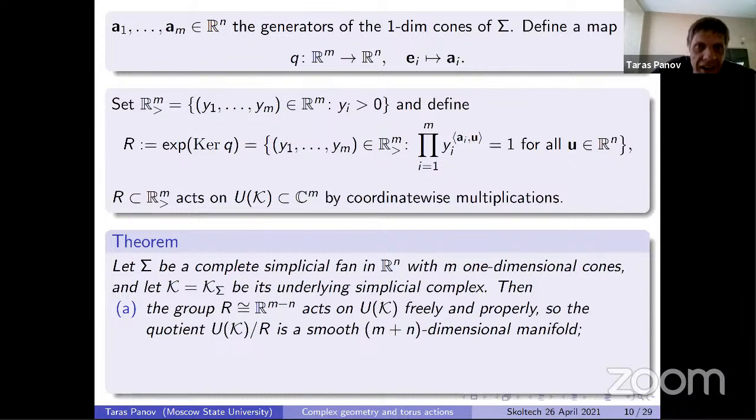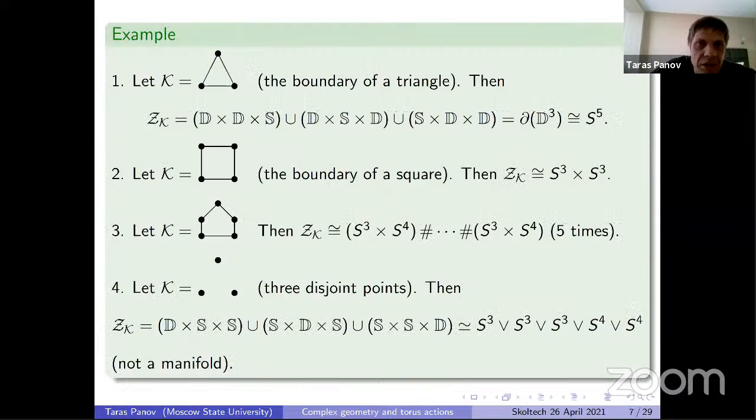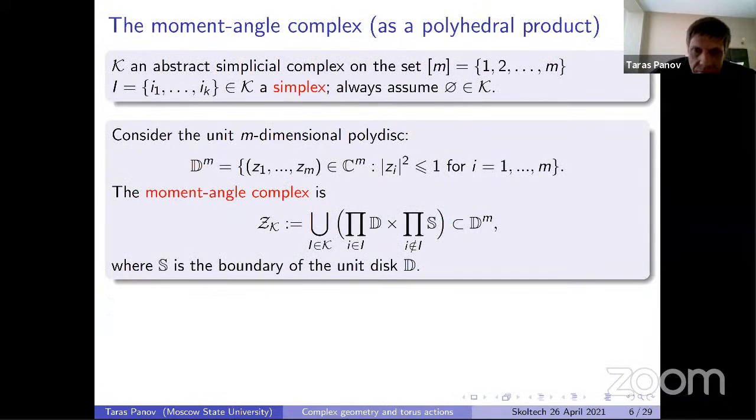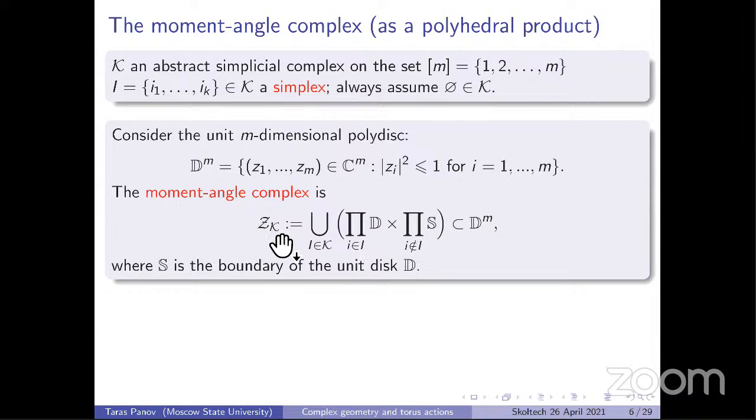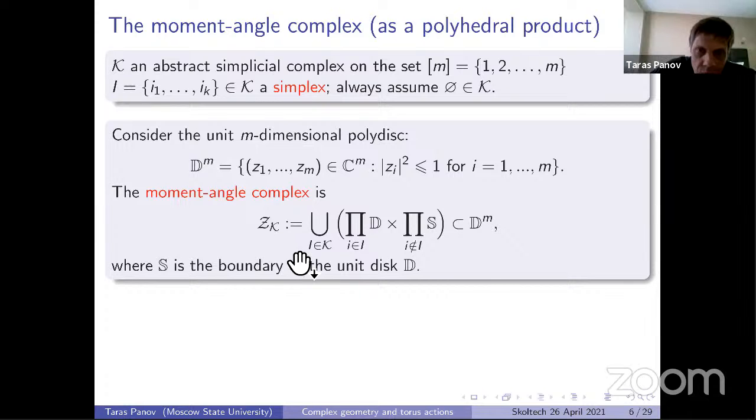I just mentioned that when you define this moment angle complex as a gadget constructed from disks and circles, and if you take K to be the boundary of the dual polytope, of the moment polytope, then this is homeomorphic to the moment angle manifold defined as an intersection of quadrics. That's not really hard to check. This is just another way of defining the moment angle manifold. But in this way, it's not defined as a smooth thing. It's only homeomorphic to the intersection of quadrics.